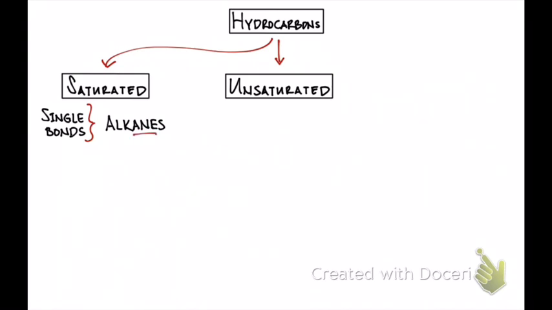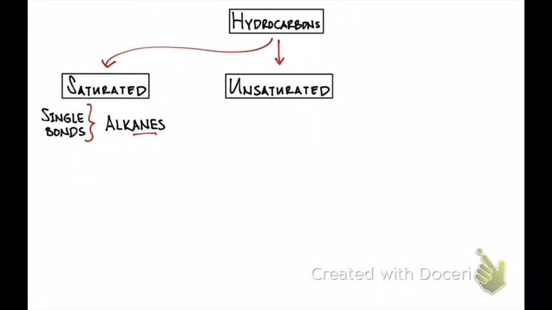These saturated hydrocarbons fall in the alkane family, spelled ALKANE. I want you to take note of the suffix underlined here, ANE. So all saturated hydrocarbons will contain ANE in their chemical name.